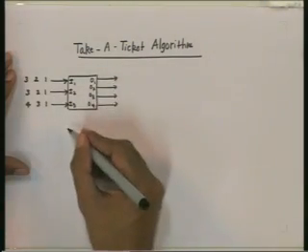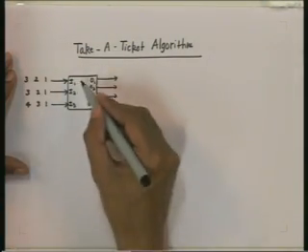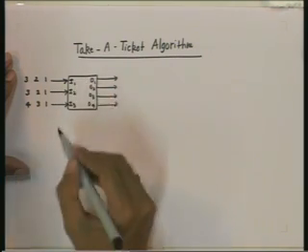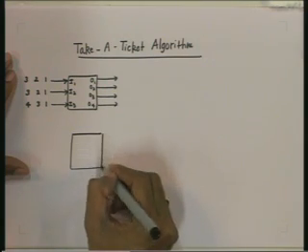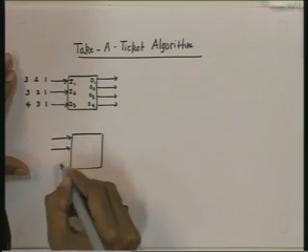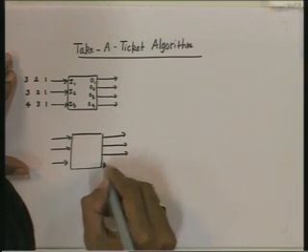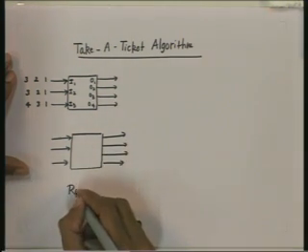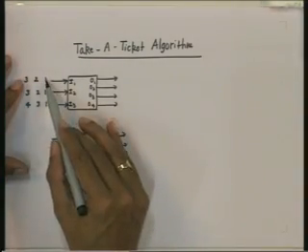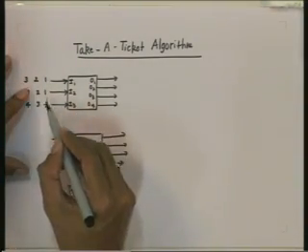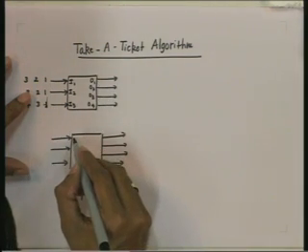Now each of these input ports, in the first round, will communicate. So there will be a request phase. Note that all 3 input ports want to send a packet to the output port, so each of them will communicate their request.